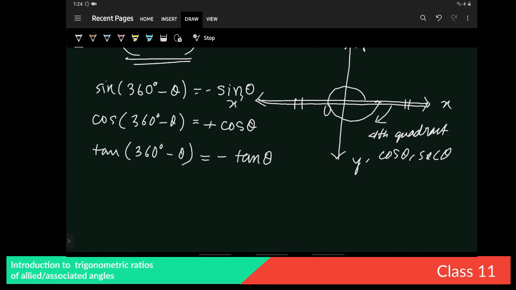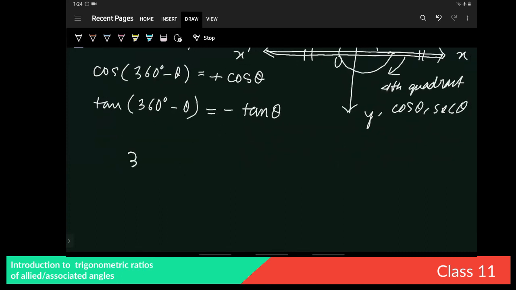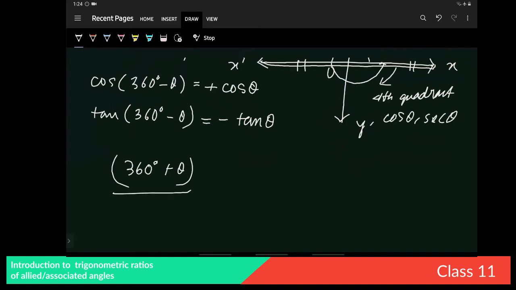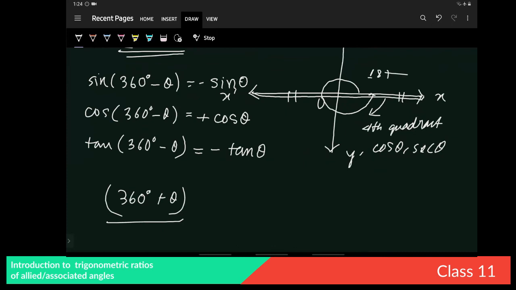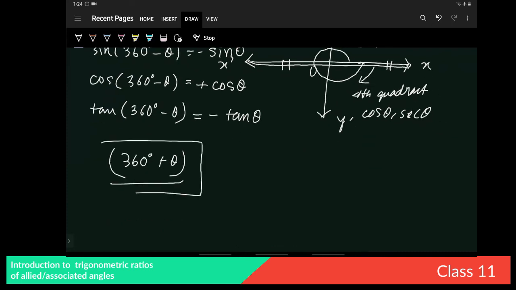Okay, so these are some of the associated angles. That means 90 degree minus theta, 90 degree plus theta, 180 minus theta, 180 plus theta, 270 minus, 270 plus, and 360 minus. In 360 degree plus theta, you can very well see that it is falling under the first quadrant, and it is associated with the horizontal line. So what will be sine of 360 plus theta?